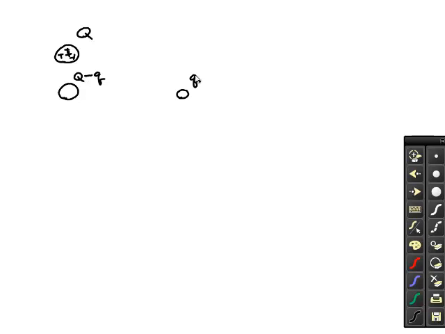And the force between them is going to be K times Q minus little q times Q all over R squared. And I'd like to maximize that. I want to know what little q should be.